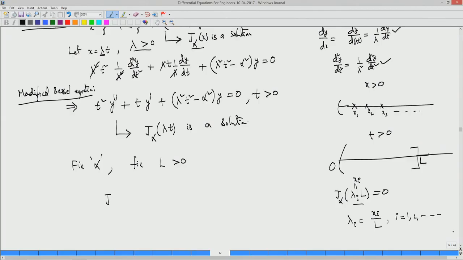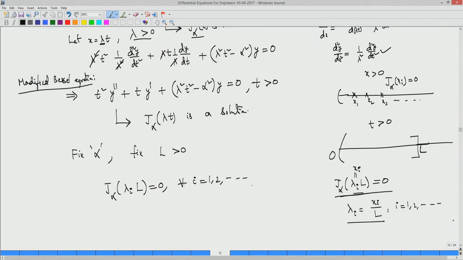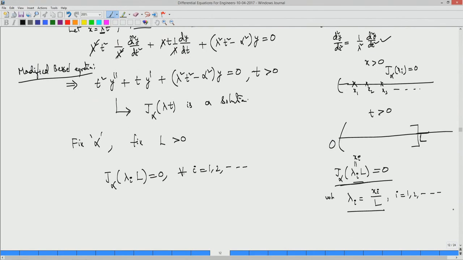So if you know these roots xi of J alpha are zeros, then I can fix this L and define lambda like this. Then I have J alpha of lambda i L equal to 0 for every i equal to 1, 2, 3 onwards, where lambda i is xi by L.